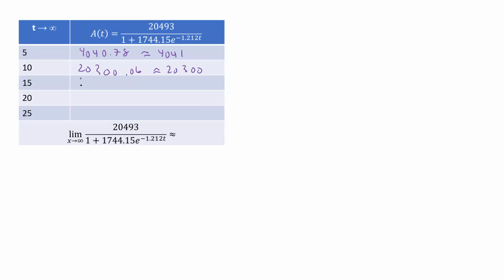Then we had 2492.55, which rounds up to 2493. Then 2492.99, which is also 2493. And then we have 2493. So that's what we're saying our limit is. Remember, we have to get 3 of them being the same, and since we're rounding to the ones, that would be what they are.